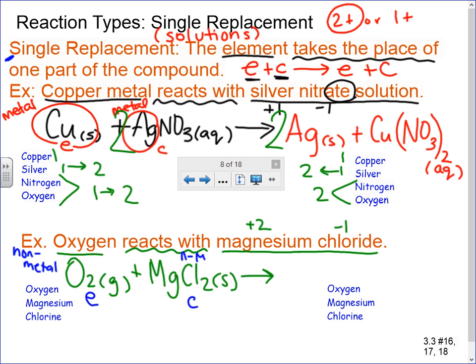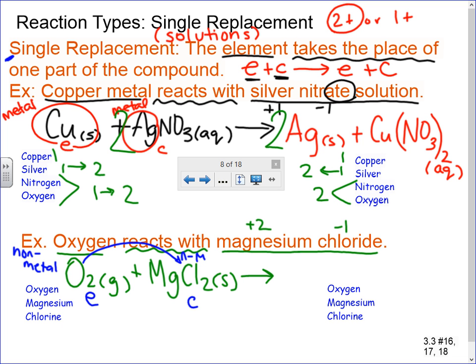So is chlorine. Oxygen will replace chlorine because they're both nonmetals. Oxygen will not replace magnesium. Magnesium is a metal. So they've always got to trade places with something that they are similar to. Metals with metals, nonmetals with nonmetals. That means that oxygen is going to come and replace chlorine in that compound.